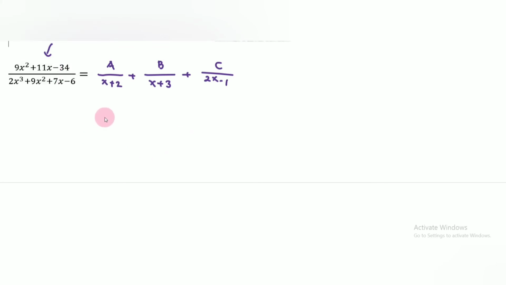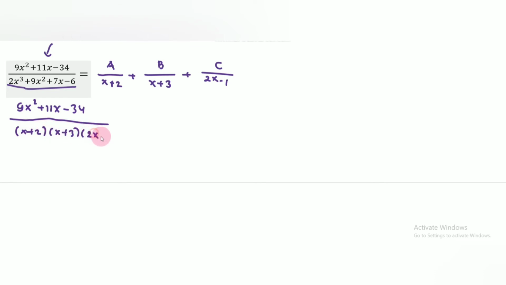And so how do we do the partial fraction decomposition? Let me show you in another form. So I will try to convert this one into the factors. So the factors are x plus 2, x plus 3, and 2x minus 1, right?